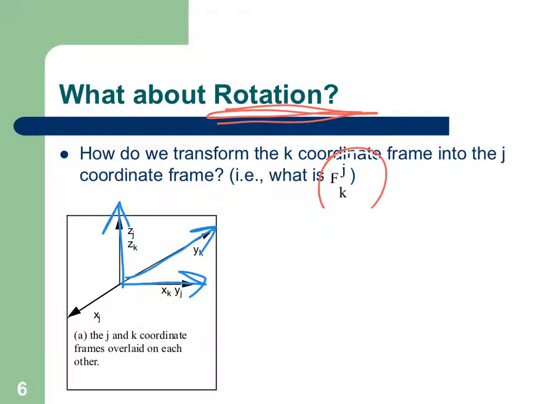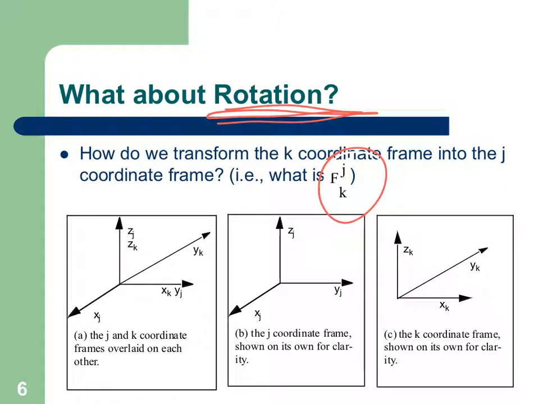Now, you might find this easier to see if I show you the two coordinate frames separately, right? They're overlaid, right? So in reality, these two coordinate frames share the same origin, right? 0, 0, 0 is located in the same place.